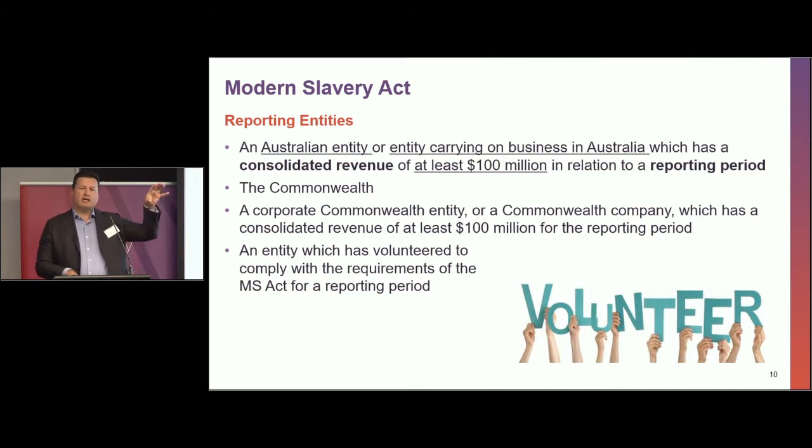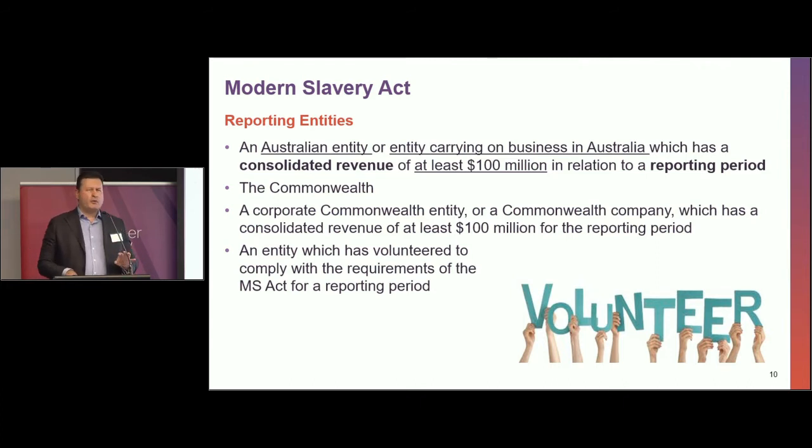But when you go up the chain to maybe the parent entity and consolidate that revenue, it's $100 million. So that parent entity is a reporting entity, and has to report on the group. So you can see that in terms of the reach of the legislation and how it has to apply to the business as a whole and all your business units, it's very far-reaching.